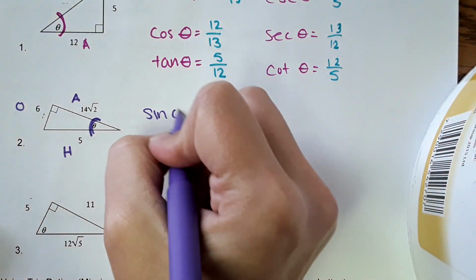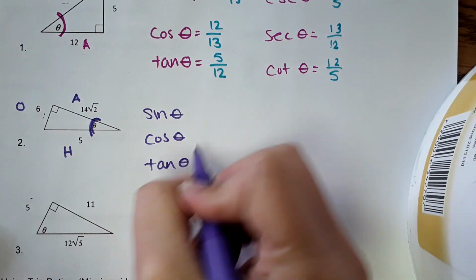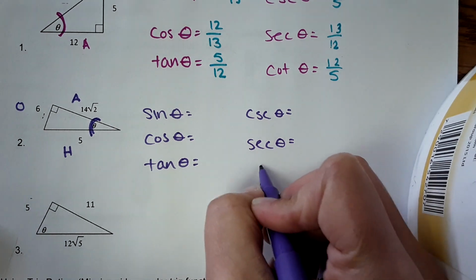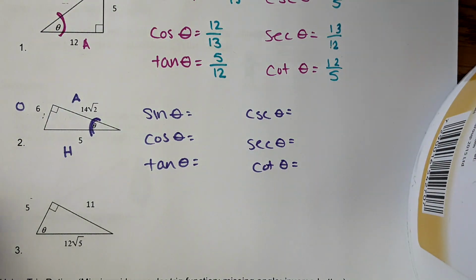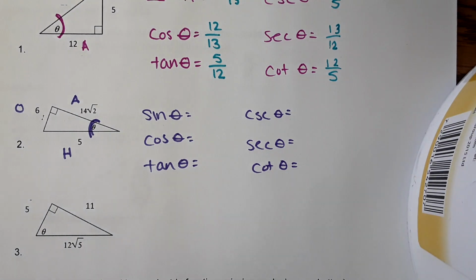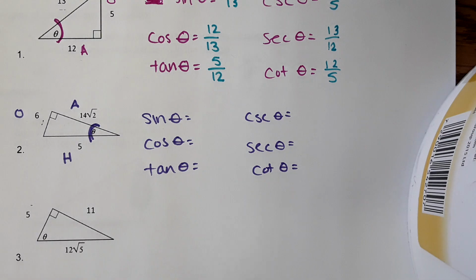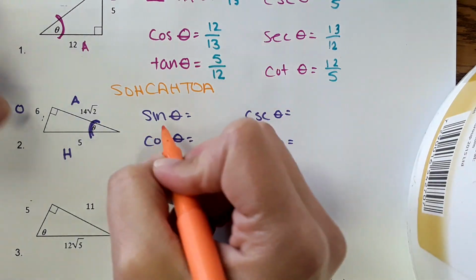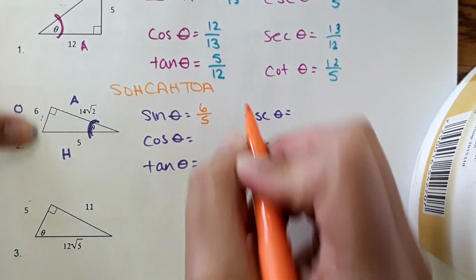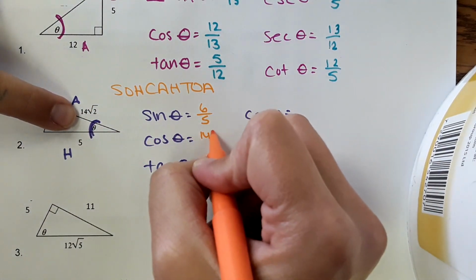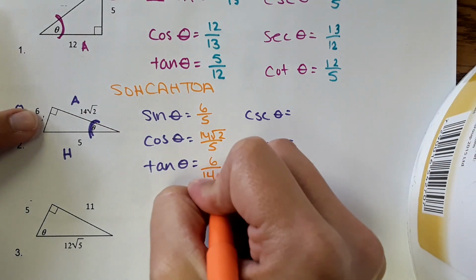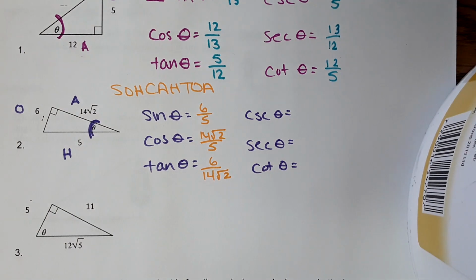And then same thing, sine of theta, cosine of theta, tan of theta, cosecant of theta, and then same thing, so using SOHCAHTOA as a guide, sine opposite over hypotenuse would be 6 over 5, cosine adjacent over hypotenuse, tangent opposite over adjacent. The answer key didn't have these simplified, so we're just leaving it.